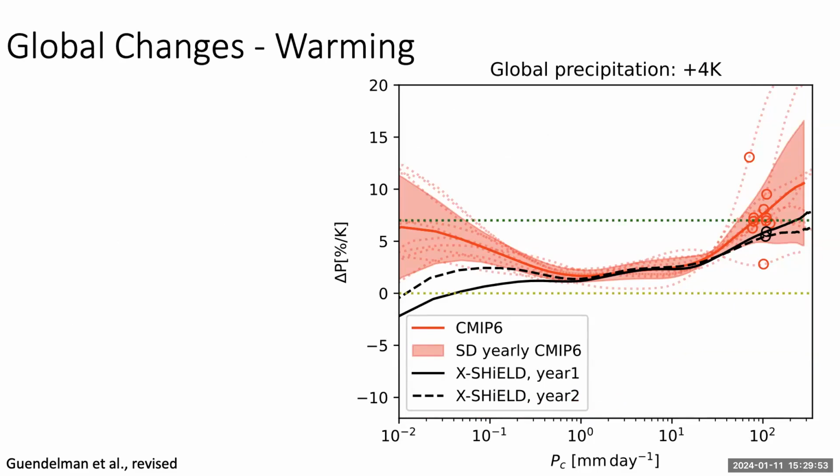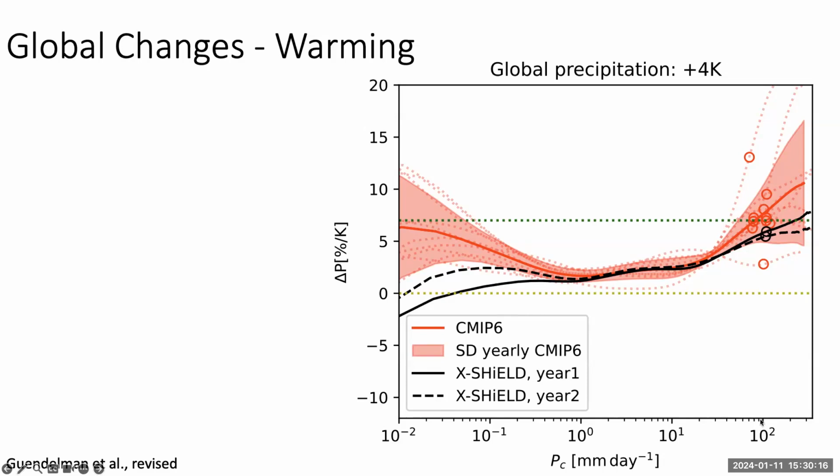This type of figure is going to appear in the next two or three slides, so it's important that I explain it well. So the x-axis is, instead of talking about the percentile response, I'm talking about the value of the control percentile.